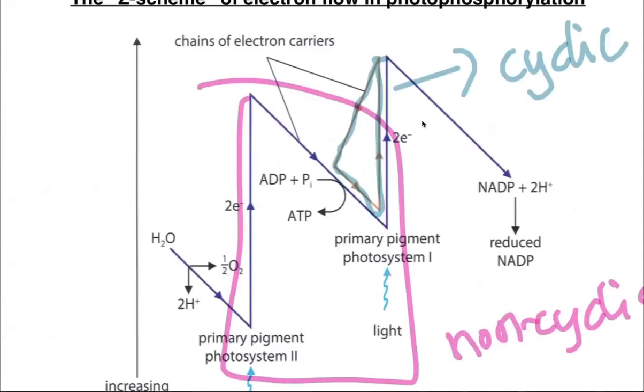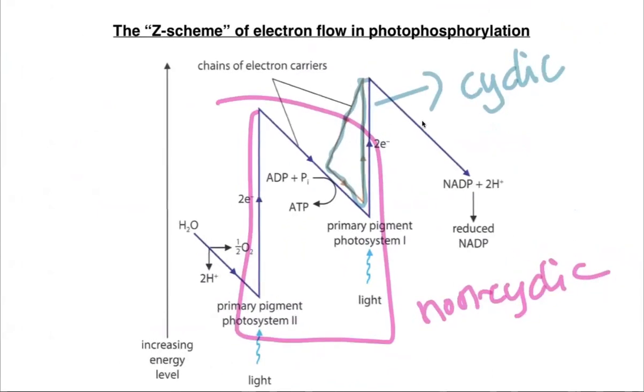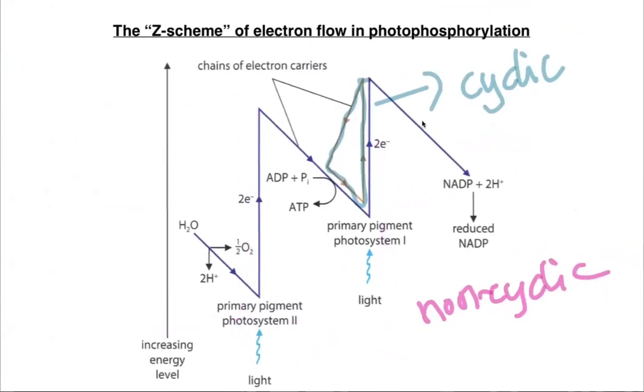So here is just another diagram showing you the whole process. For the non-cyclic one, like we mentioned just now, water will absorb some energy and undergo photolysis from the sunlight. That electron will be accepted ultimately by photosystem 2.